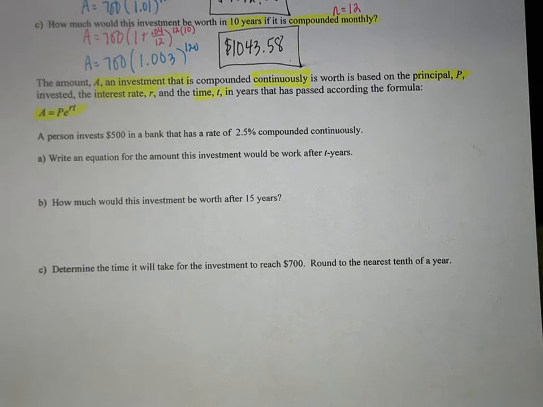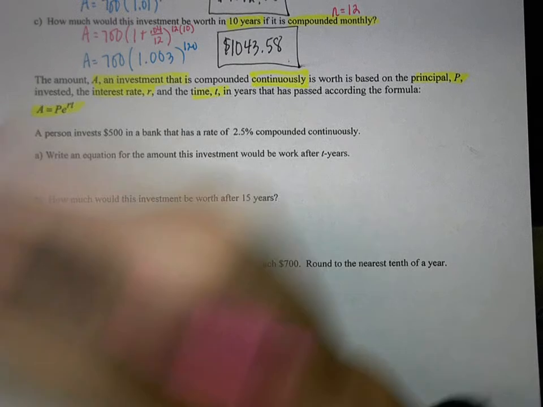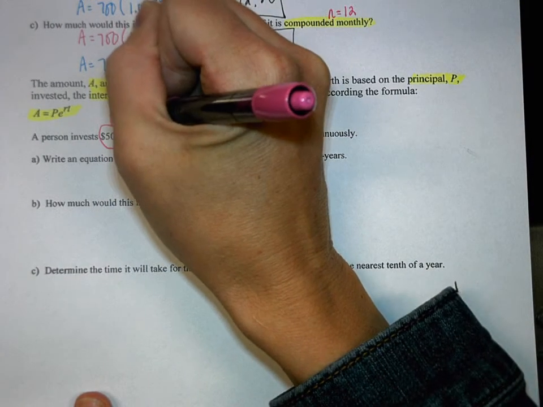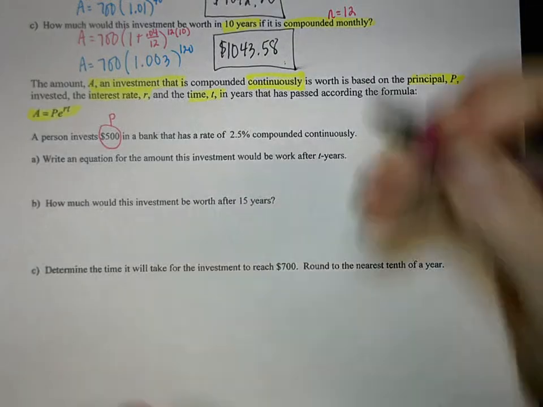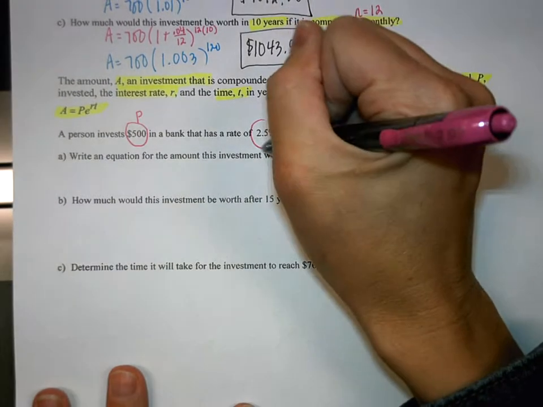Okay. Here we go. Are we ready? A person invests $500. So this $500, what does it represent? Very good. 500 is principal, P. And a bank that has a rate of 2.5%, which means what?